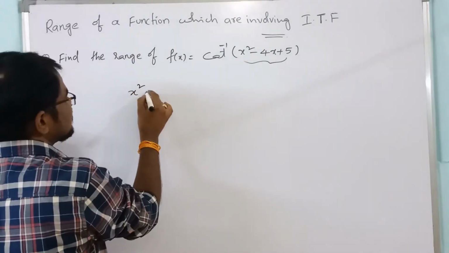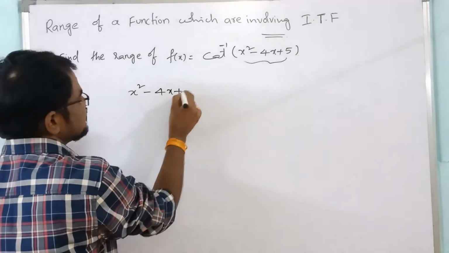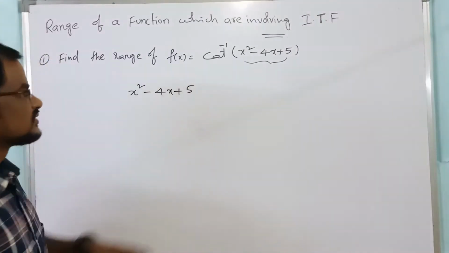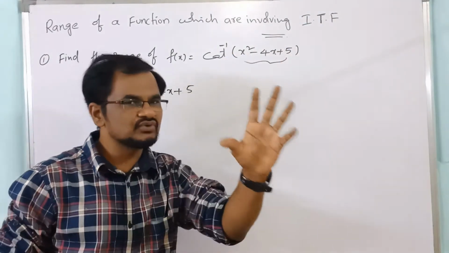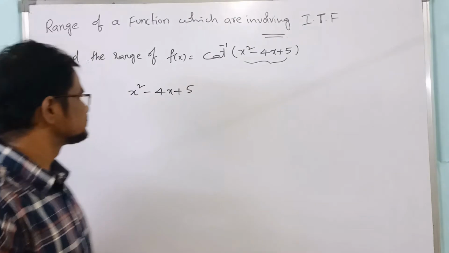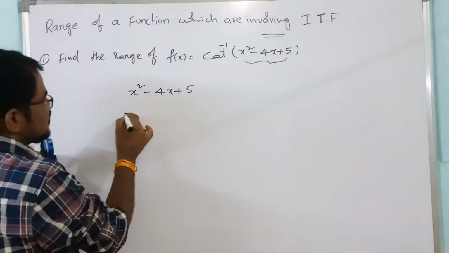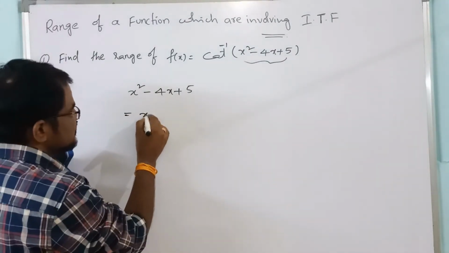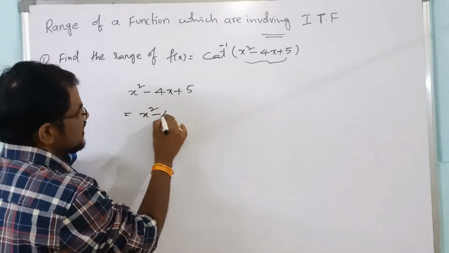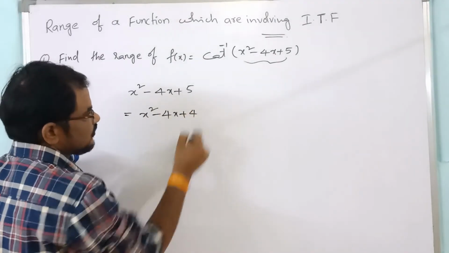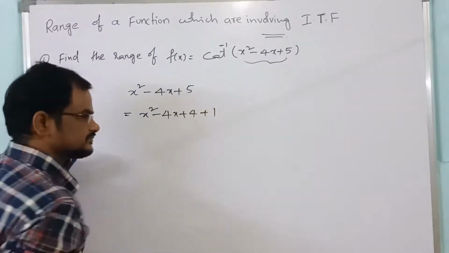x square minus 4x plus 5. Where does this exist from and to? I will take this as x square minus 4x plus 4 plus 1.